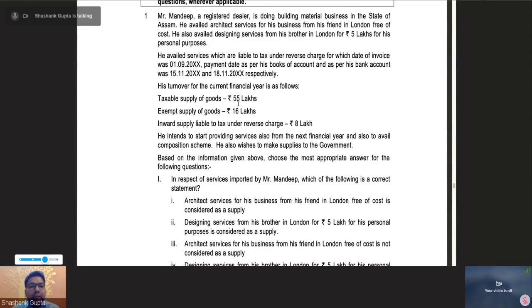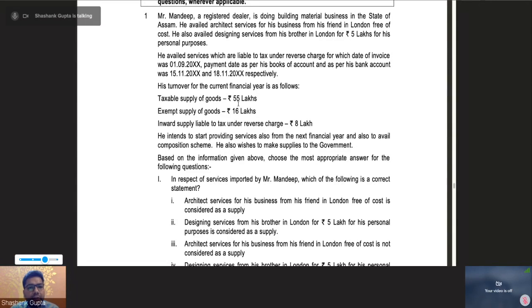So one thing is very clear from the first paragraph, that there will be something regarding import of service. And interestingly, reading terms like friend, personal purpose, business, it's going to be an insightful question about the import of service. But first, let us read out the complete question.